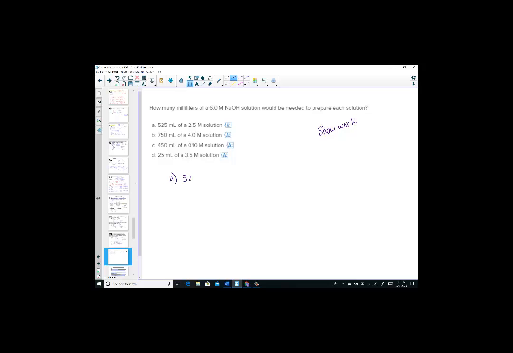In letter A, you had 525 milliliters of a 2.5 molar solution. I'll call these the initial conditions, M1, V1. The stock solution was a 6 molar NaOH solution. How much are we supposed to take out of that in terms of volume to dilute up to 525 mL?